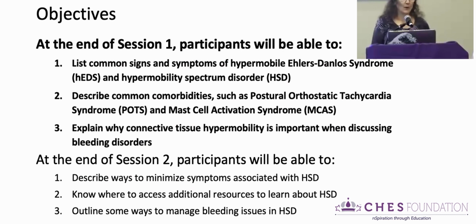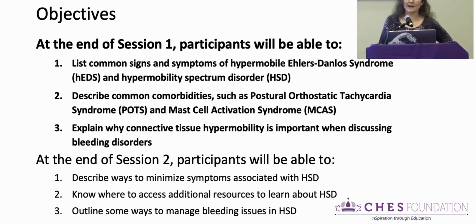So the objectives for this session: to be able to list the common signs and symptoms of hypermobile Ehlers-Danlos syndrome and hypermobility spectrum disorder, and I'll explain the similarity and overlap between those. To describe common comorbidities, in particular postural orthostatic tachycardia syndrome, or POTS, and mast cell activation syndrome, MCAS, because they will impact bleeding in particular.